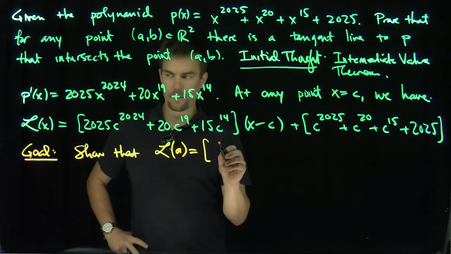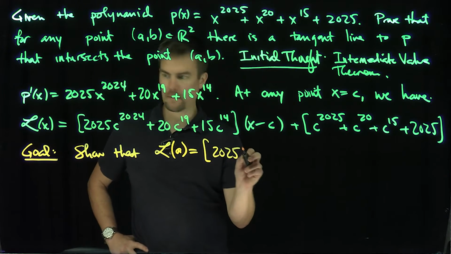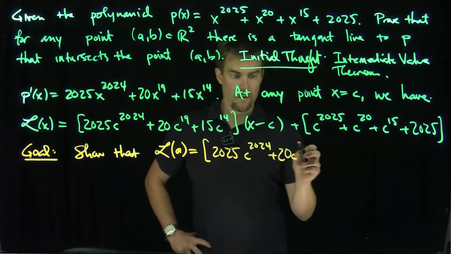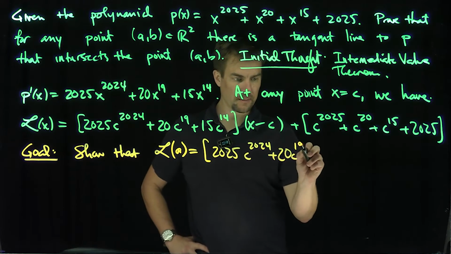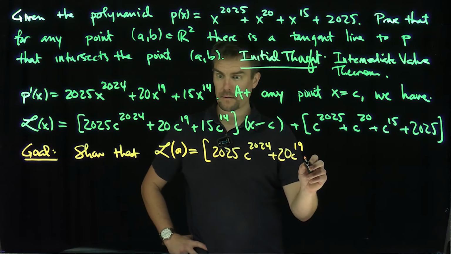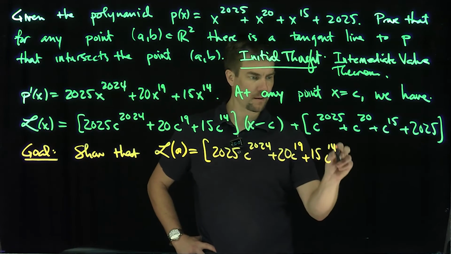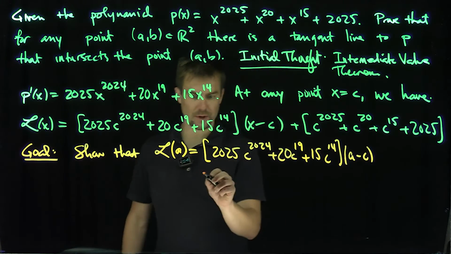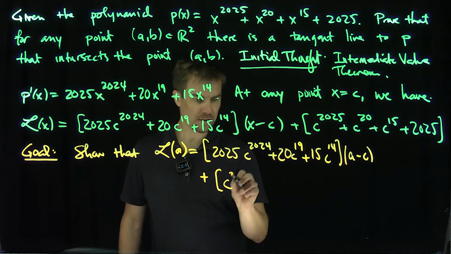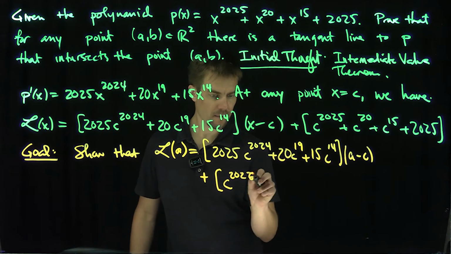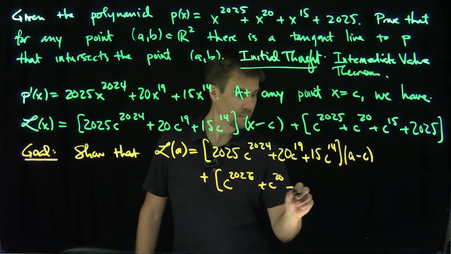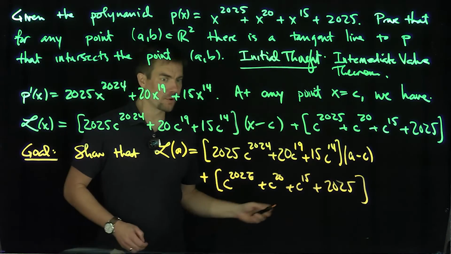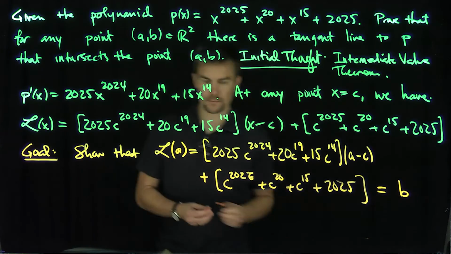L of A is going to be this whole thing, 2025 C to the 2024 plus 20 C to the 19 plus 15 C to the 14, times A minus C, plus these terms over here, C to the 2025 plus C to the 20 plus C to the 15 plus 2025. And I want to show that this is equal to B, okay?